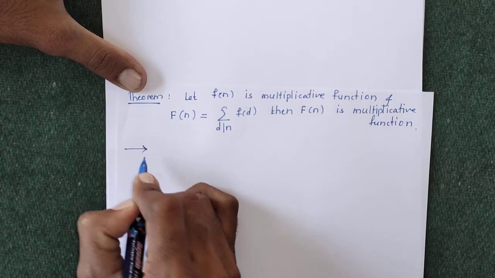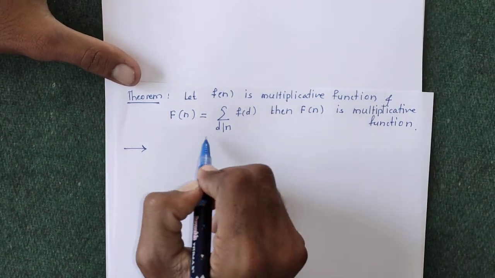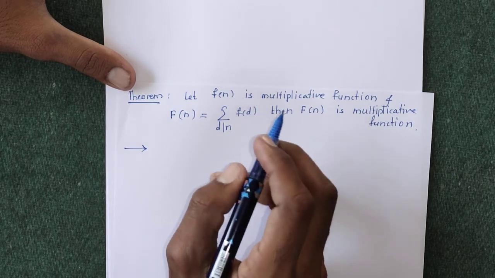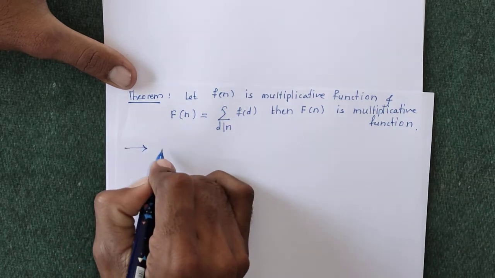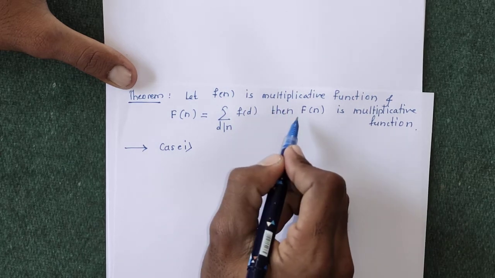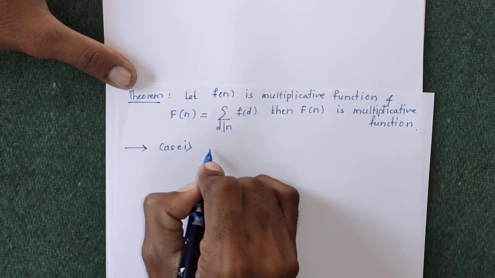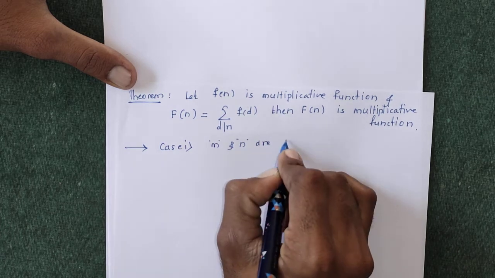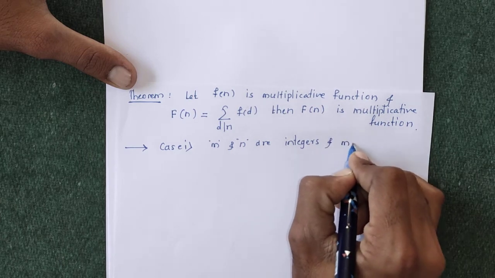To prove this theorem we are going to take three cases. From the definition of multiplicative function, if the GCD of m and n is equal to 1, then f of ab is equal to f of a into f of b. Now in this proof, take the first case: m and n are integers and one of them is 1, suppose m is equal to 1.